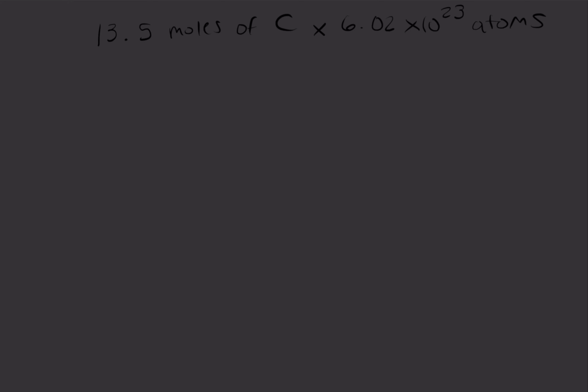So here we have the given, we have the need, and then we're going to divide that by what? 1 mole of carbon. That is the have, right? And we're trying to cancel these out. So the mole of carbon will be canceled out.